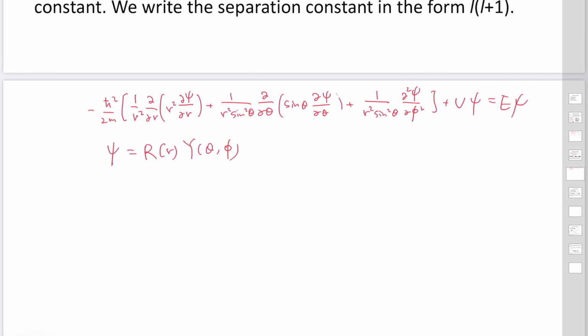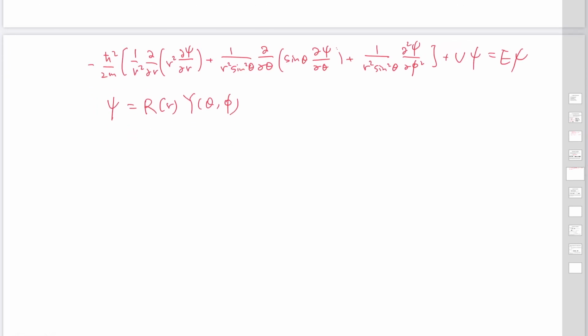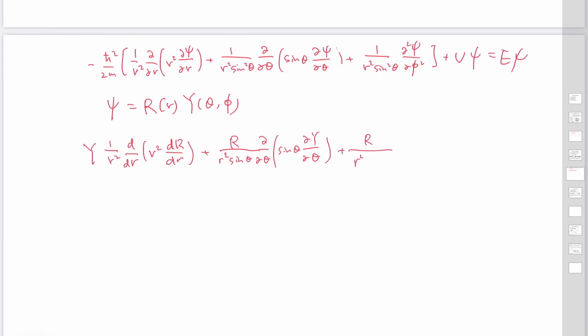Substitute into this equation. Then it becomes Y times 1 over r squared, and instead of partial derivatives we use d, because R is a function of r alone, d/dr of r squared dR/dr, plus R over r squared sine theta partial by partial theta of sine theta partial Y by partial theta, plus R over r squared sine squared theta partial squared Y by partial phi squared, minus 2m(E minus U) over h bar squared RY.